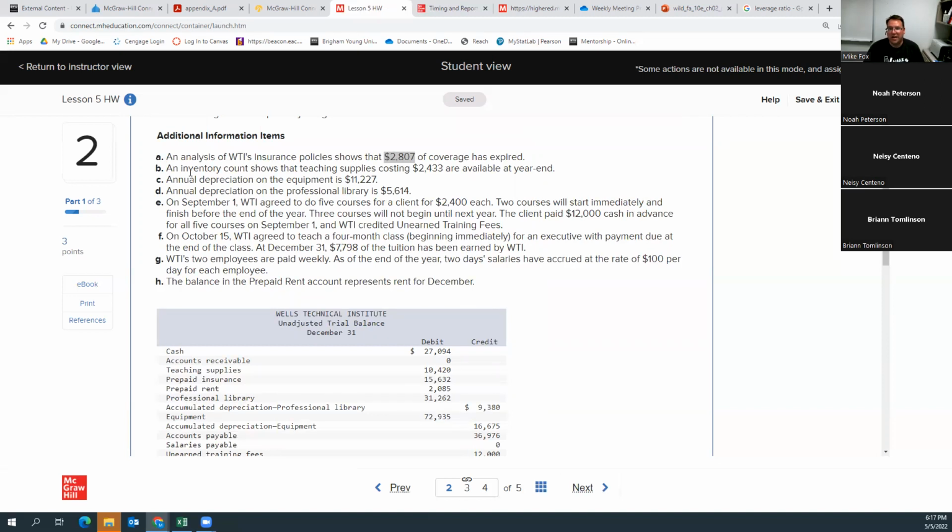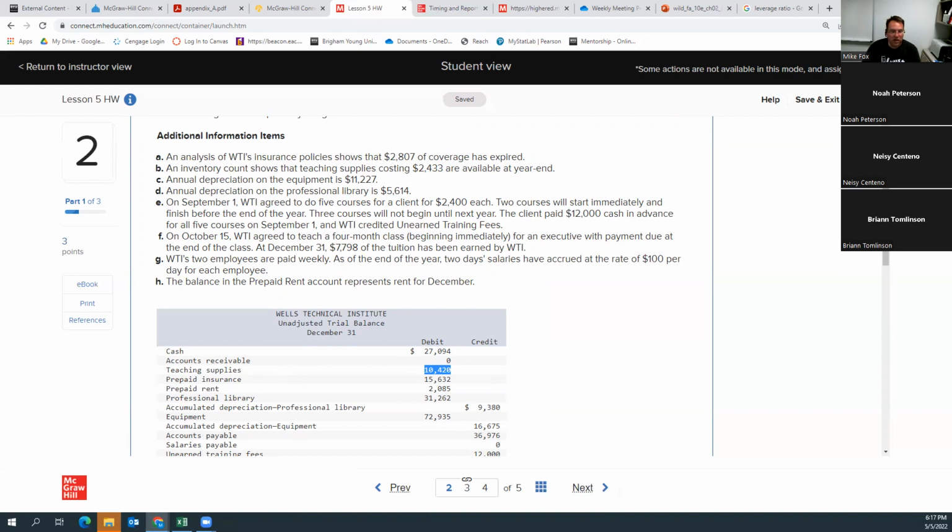So let's look at B. Inventory count shows that teaching supplies cost $2,433 available at the year end. If I look at the balance in my teaching supplies account, it says it's $10,420. But at the end of the year, I'm counting them up, and I have $2,433 worth.